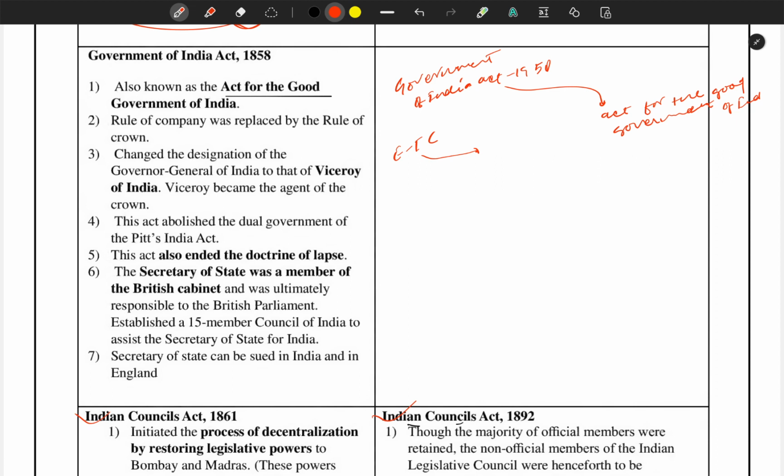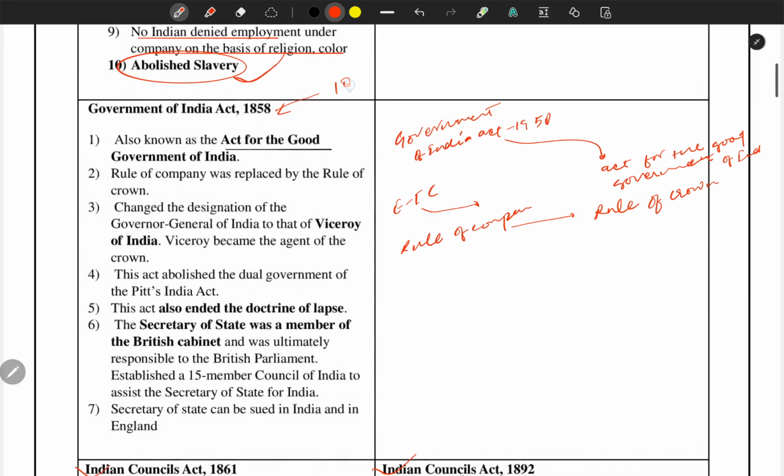So the rule of the Company was replaced by the rule of the Crown in the Government of India Act of 1858. Basically, this act came after the revolt of 1857.